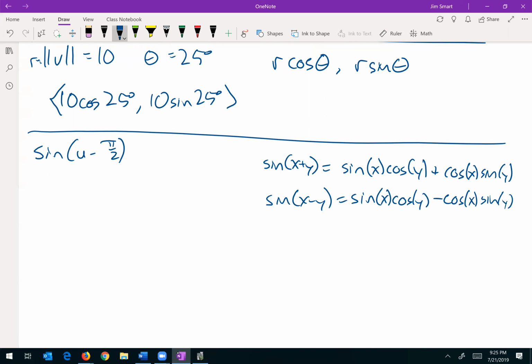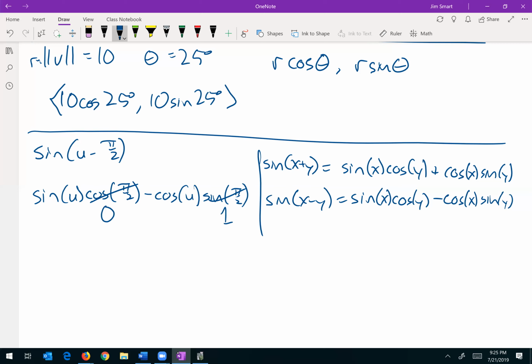So let's see here, we got sine of u cosine of pi over 2 minus cosine of u sine of pi over 2. Well, cosine of pi over 2 is 0. Sine of pi over 2 is 1.